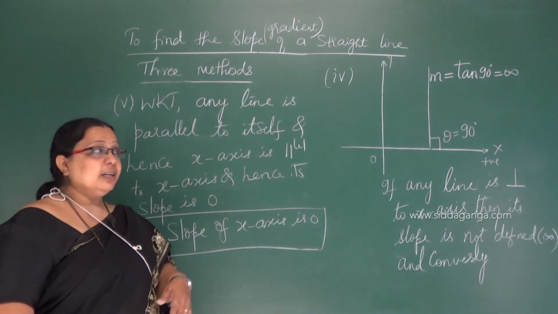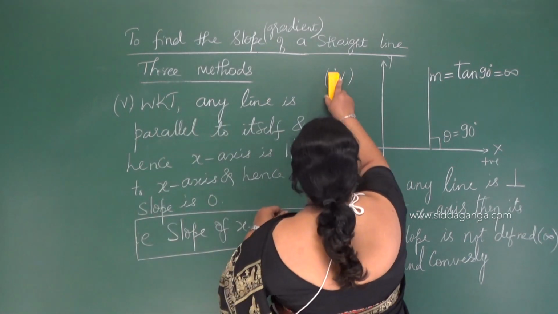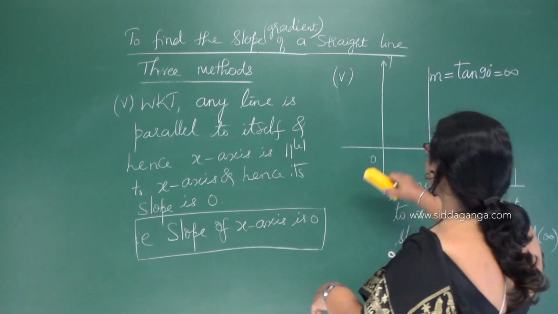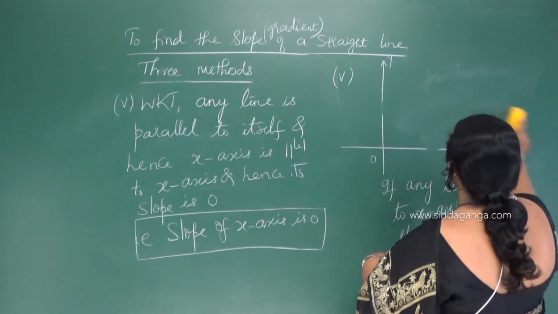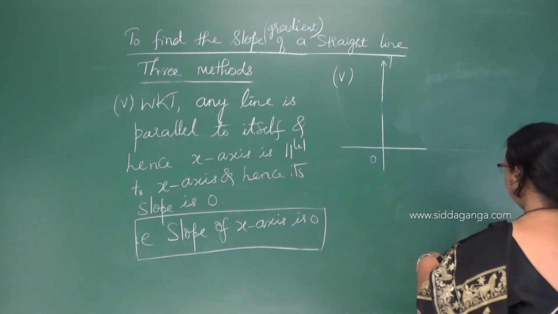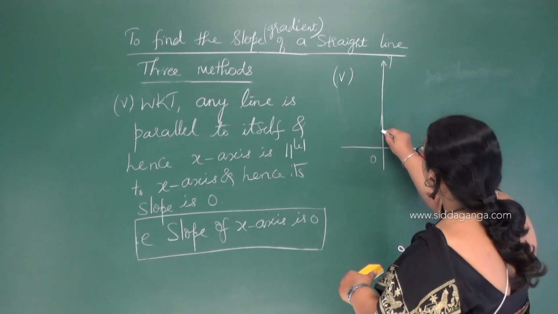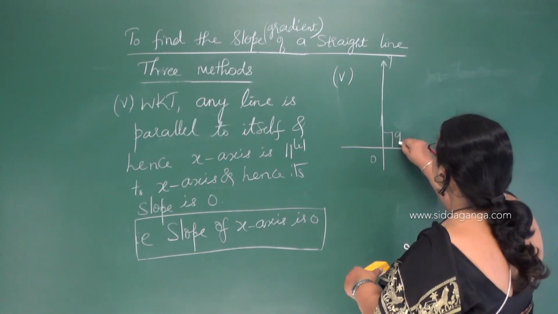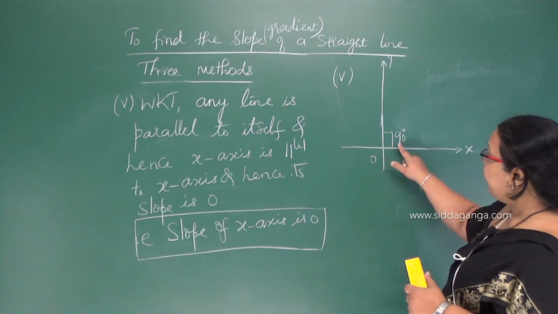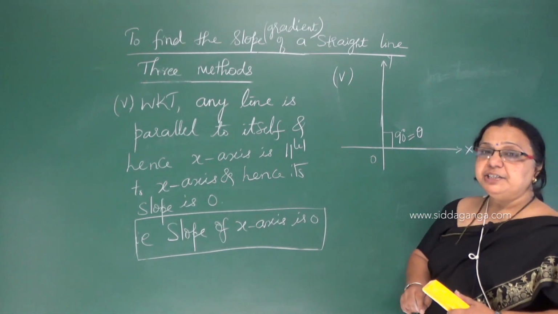Now here ಆರನೇದಕ್ಕೆ ಇಲ್ಲಿಗೆ ಬಂದ್ರೆ, ಈಗ so we know that y-axis is perpendicular to x-axis. Y-axis x-axis ಗೆ perpendicular ಆಗಿರೋದ್ರಿಂದ the angle between them is 90 degree.